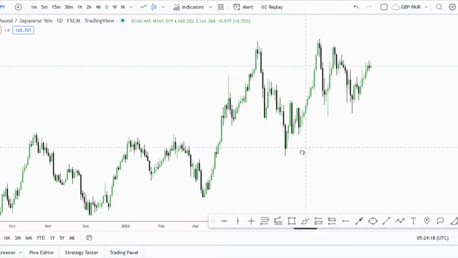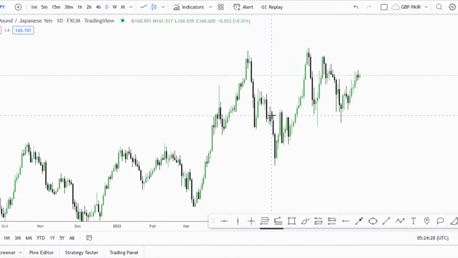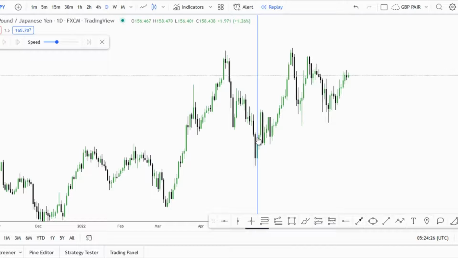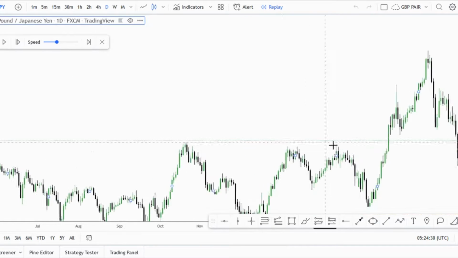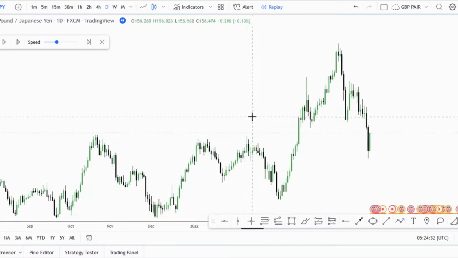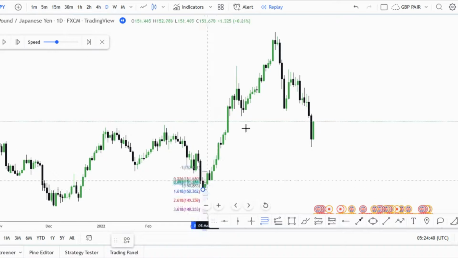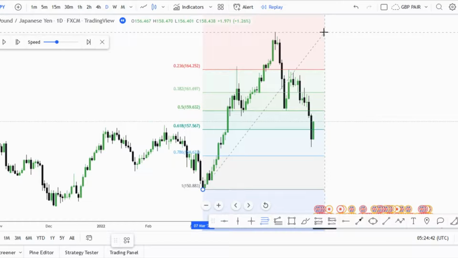Let me take this off. From here, this is an impulse move, an impulse to the upside. Now I'll take my tool from here to the impulse, and please, like I said, always use the wick.